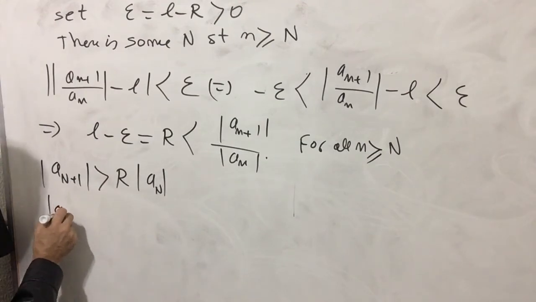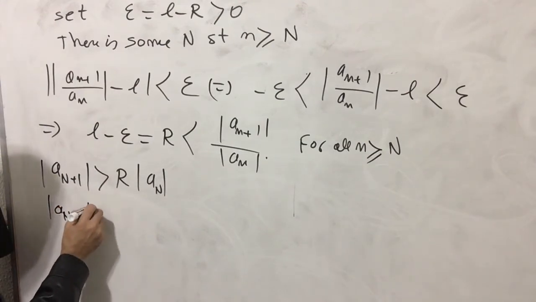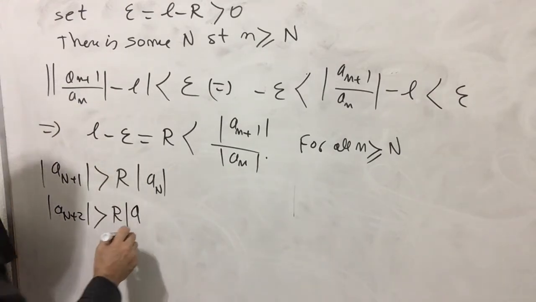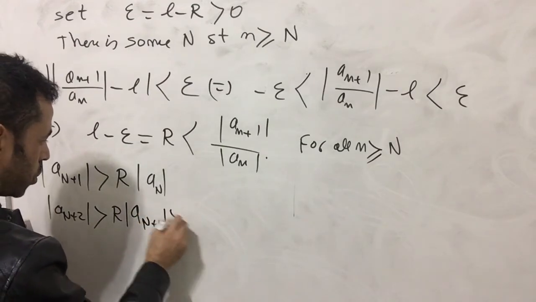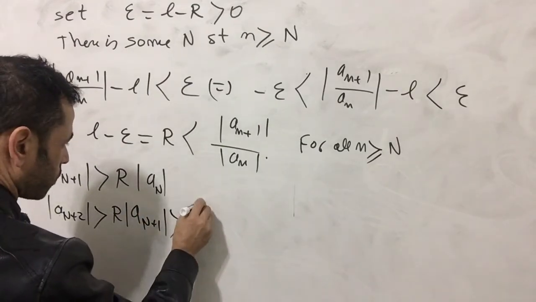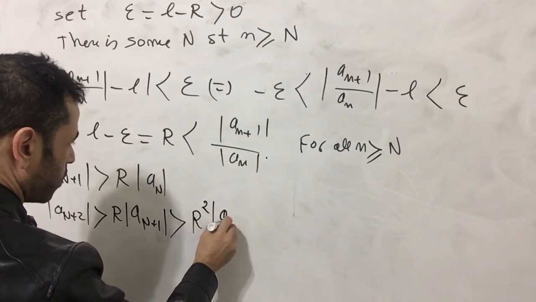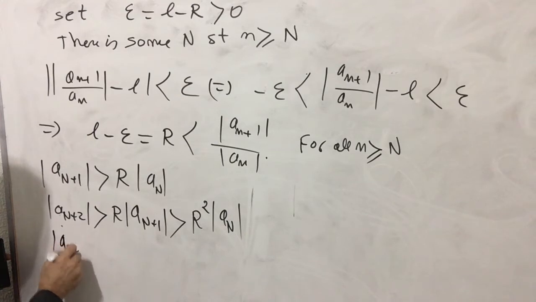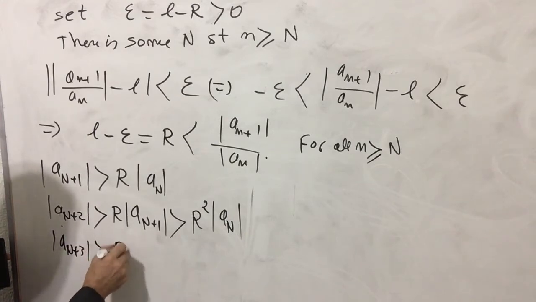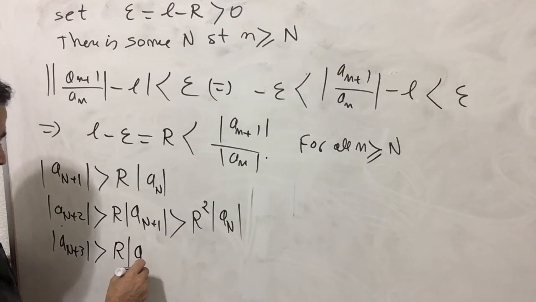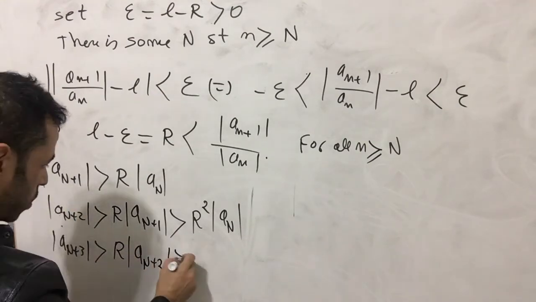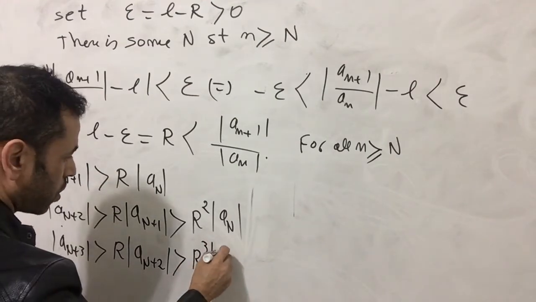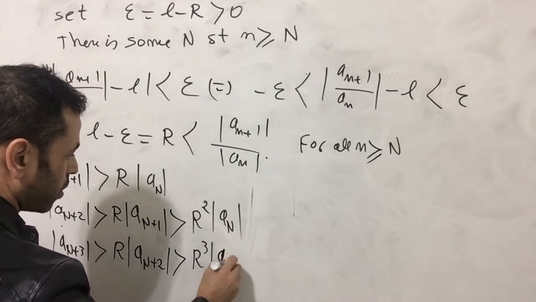I will have A sub N plus 2 strictly superior than R multiplied by the absolute value of A sub capital N plus 1, which is greater than R squared multiplied by A sub capital N. Moving on to the third term, A sub capital N plus 3 is strictly superior than R multiplied by the absolute value of A sub capital N plus 2, so this one is greater than R cubed multiplied by the absolute value of A sub capital N, okay?